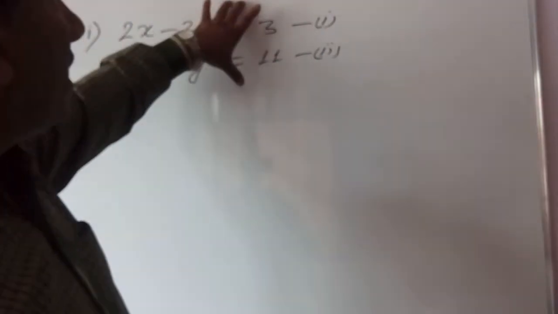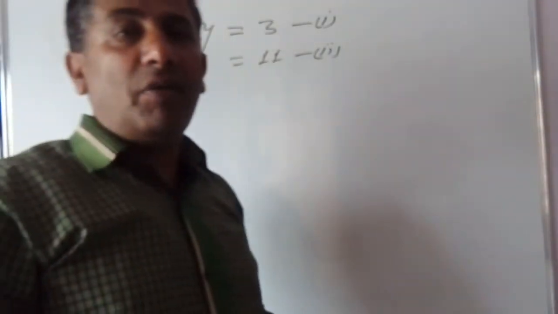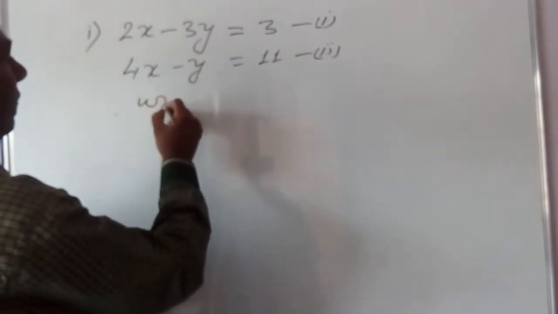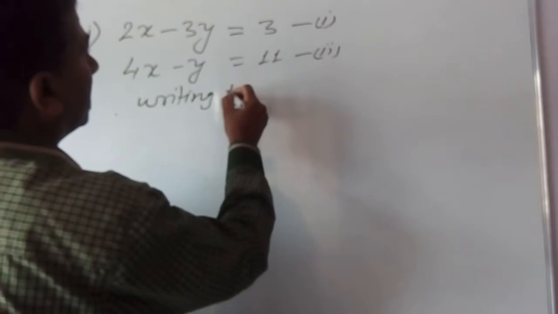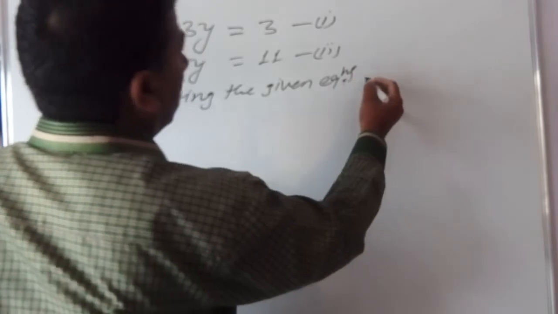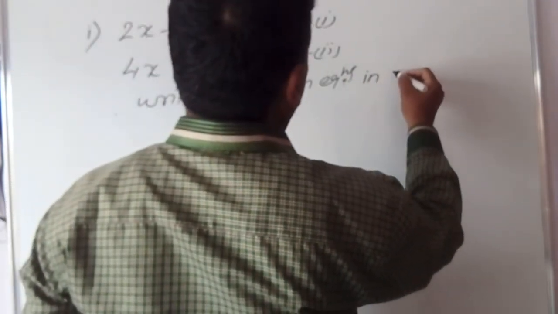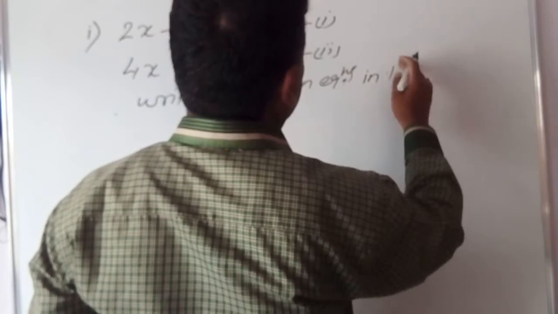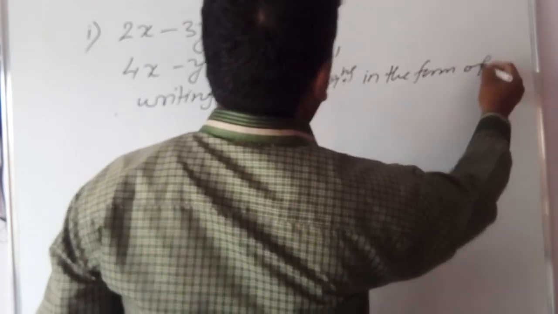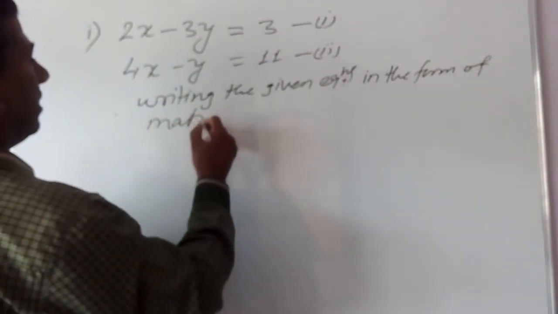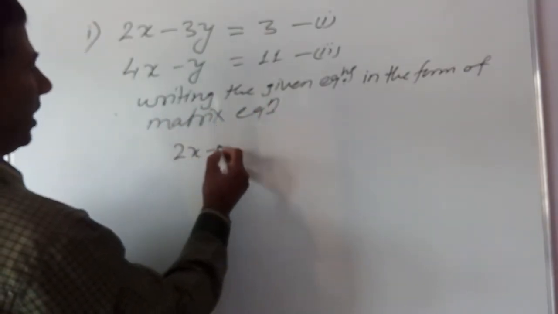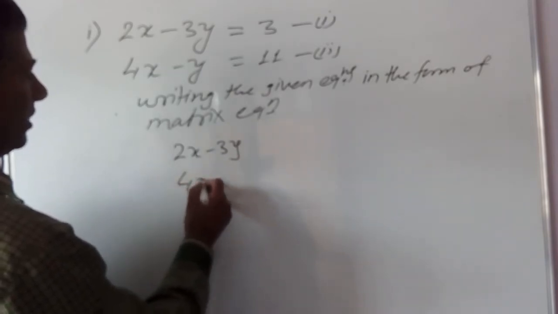Now, first of all, I write the given equations in the form of a matrix equation. Just to make it clear, writing the given equations in the form of a matrix equation, that is 2x minus 3y, 4x minus y.